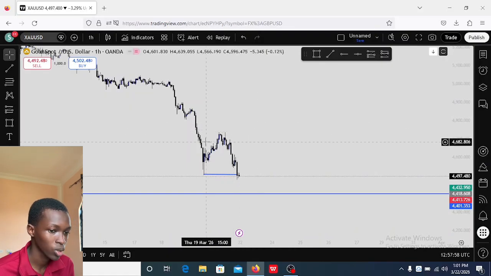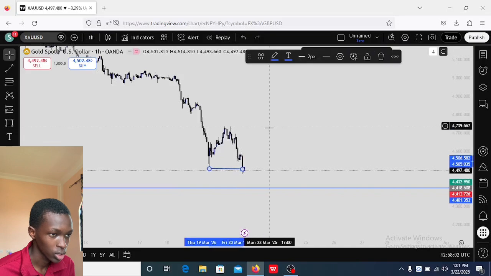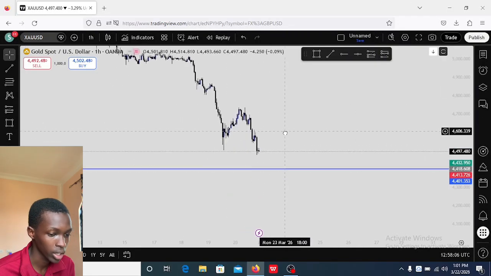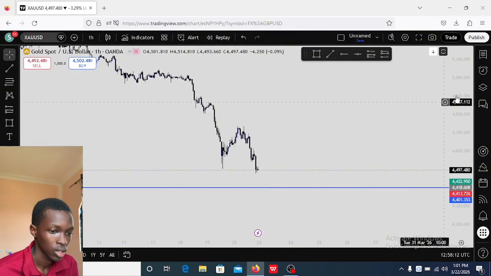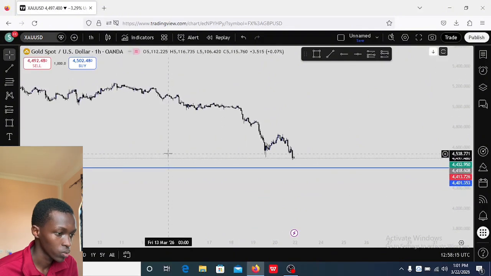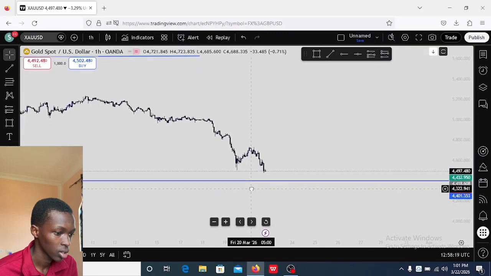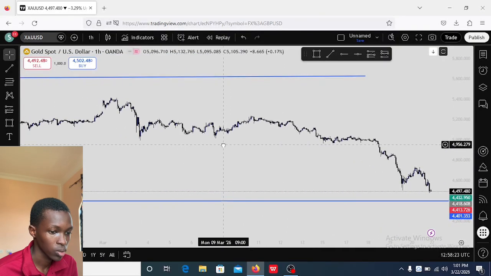When it's about some pips to your TP, you are advised to close your trade because anything can happen. Just make sure there's no high impact news coming, because these days gold is really crazy. That's basically what's going to happen.